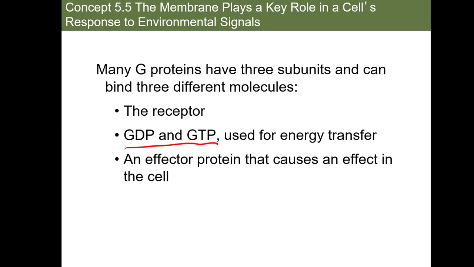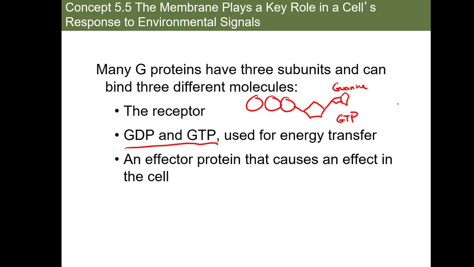So GDP is another one of those molecules like ATP, which is used to store and transfer energy. It just uses guanine instead of adenine. So it looks a bit like this. It's just a guanine here. And then it has the 3 phosphate groups. This is GTP.